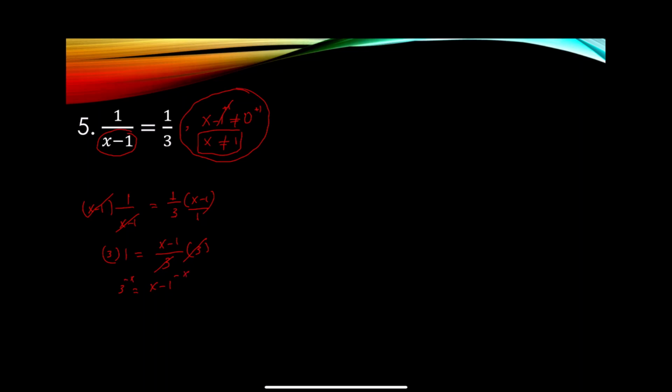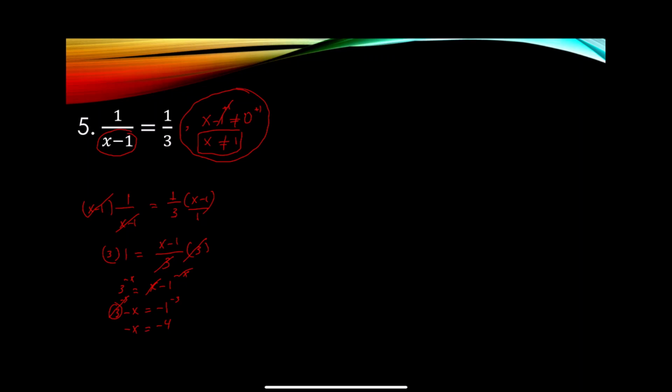So it will be 3 minus x equal, this will be cancelled with this, negative 1. Now this is 3, which is positive, so we should add negative 3 and negative 3. Negative 3 and 3 will be cancelled, so it's negative x. Negative 1 and negative 3 is negative 4.